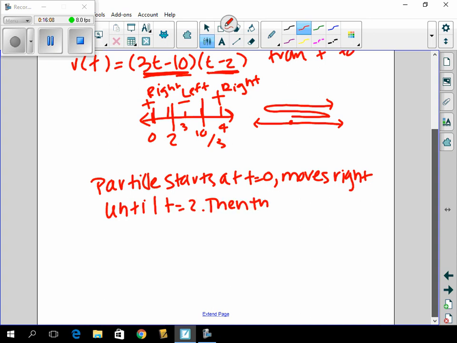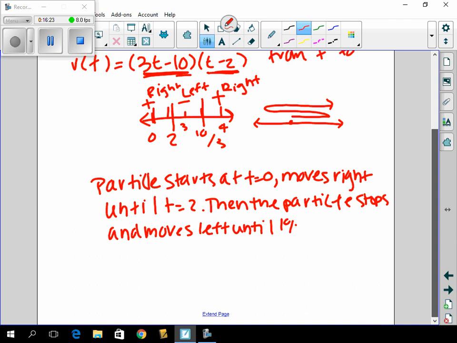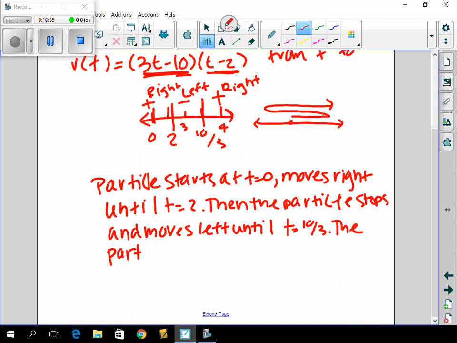Then the particle stops and moves left until t equals 10/3. I have to specify, t equals 10/3. The particle stops again and continues moving right.